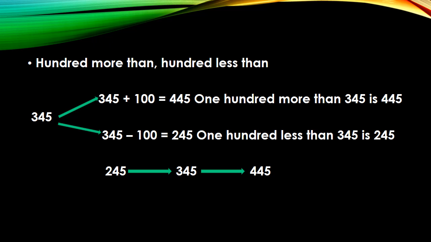That is, 100 less than 345 is 245. Here the number in the hundreds place will be changed. You can look into the picture. In the hundreds place there is 2, 3 and 4: 245, 345 and 445.